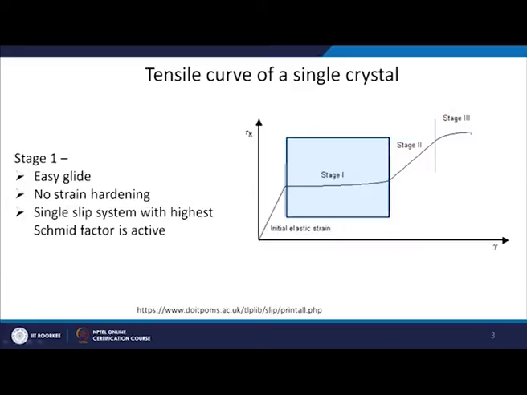If we want to look in a little more detail, in stage 1 you have easy glide, and of course there is no strain hardening. You can see that as a function of strain, my stress is constant here. A single slip system with the highest Schmid factor is active, as I told you just now.